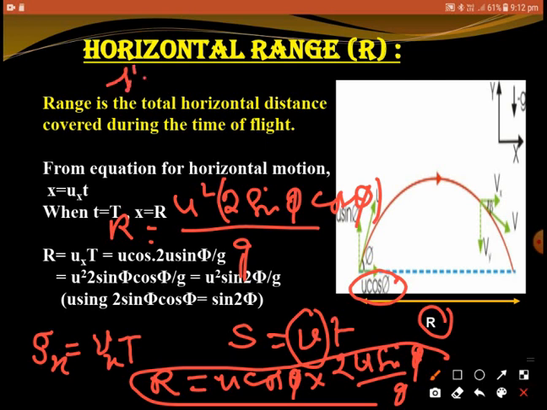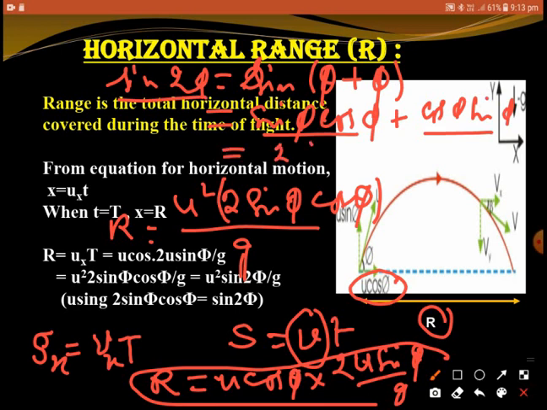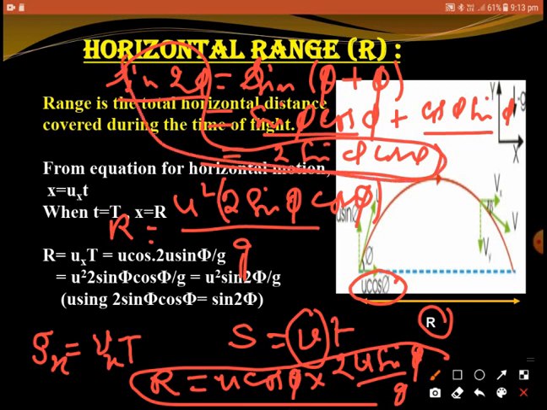Because sine of twice phi will be equal to sine of phi plus phi. If you use the expression for sine of a plus b, it will be sine phi cos phi, and again another cos phi sine phi. Got it? So it comes twice, so sine of twice phi will be equal to twice sine phi cos phi, right? So we can replace this relation here.